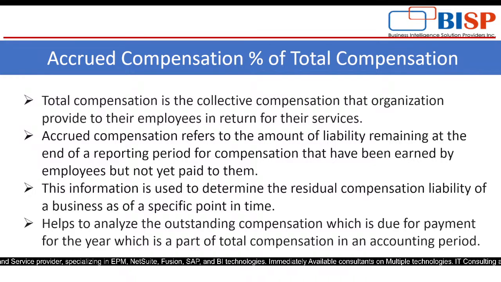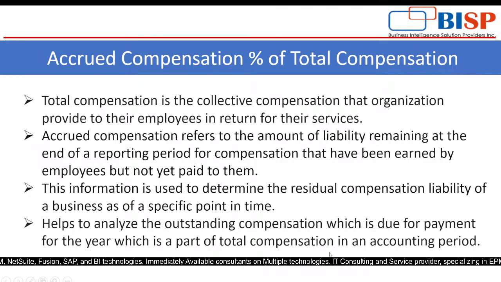In that condition, in our balance sheet, the compensation for the month of December will be shown as accrued compensation under the head liability, and under that the non-current liability. Sorry, under the current liability.